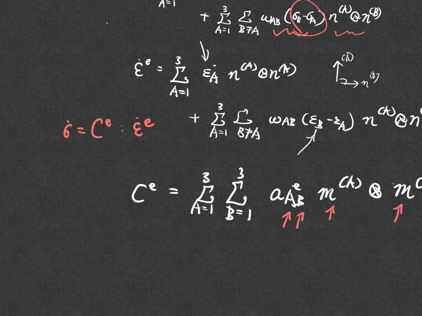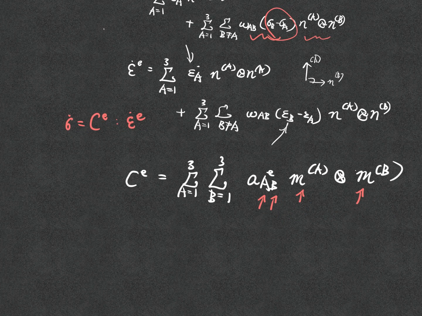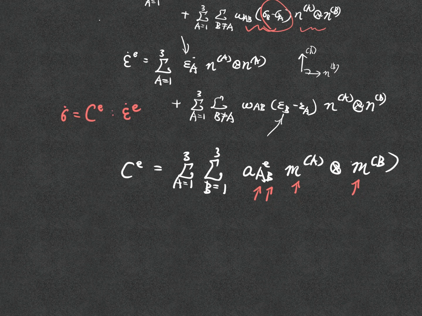So in order to create a mapping between two second order tensors, I need a fourth order tensor, okay?